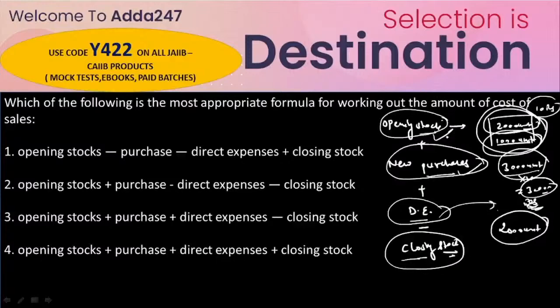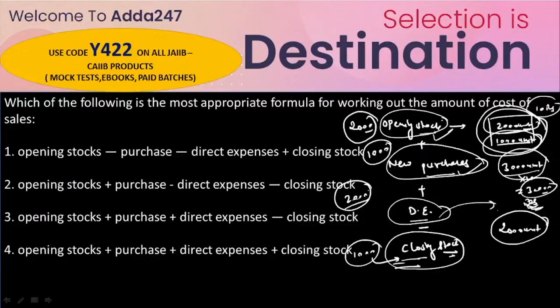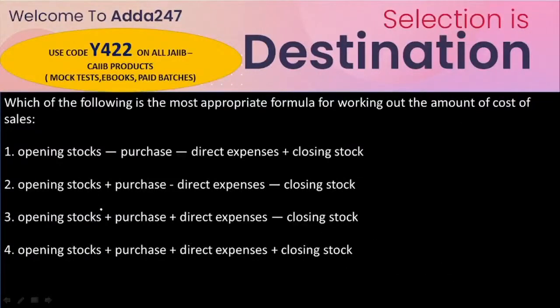At the start of the year we had 2,000 units, then we purchased 1,000 units more, and we sold 2,000, so we are left with 1,000 units, which is the closing stock. That's why it would be a minus. So the formula of the cost of goods sold is opening stock plus purchases plus direct expenses minus closing stock.